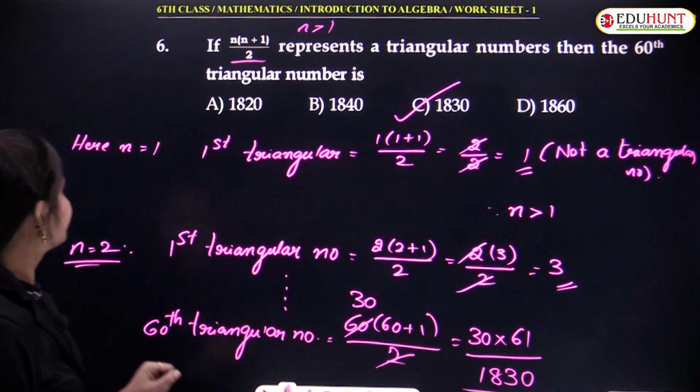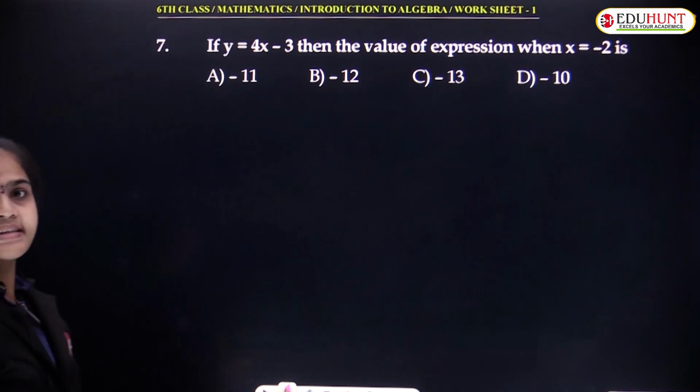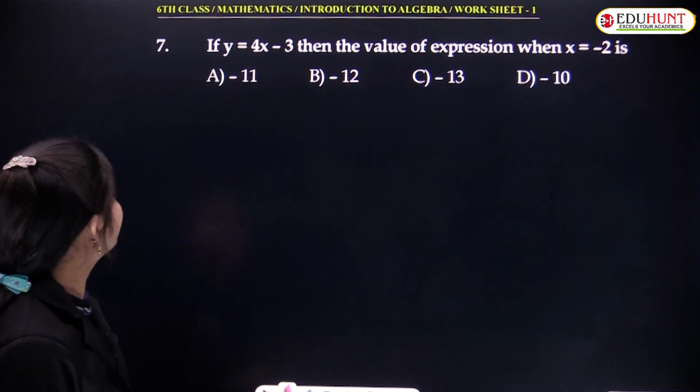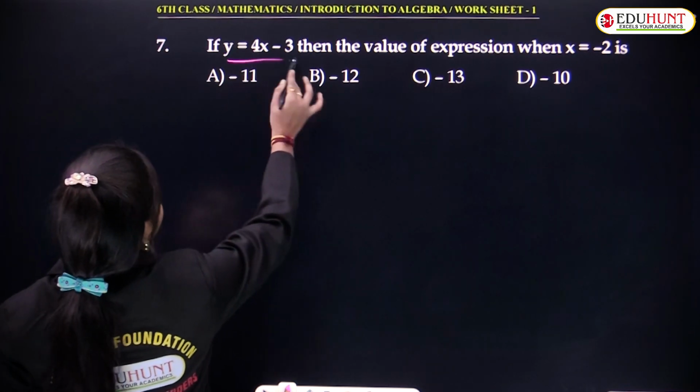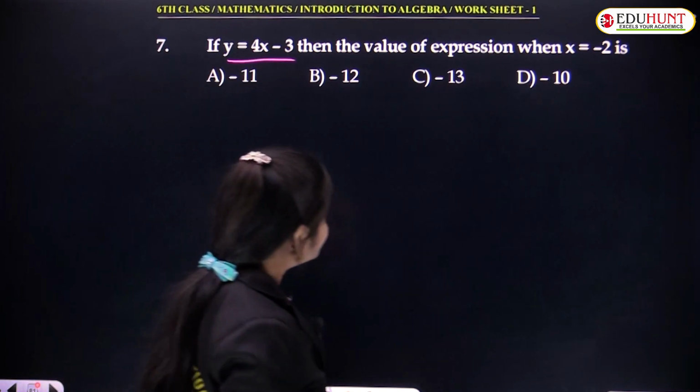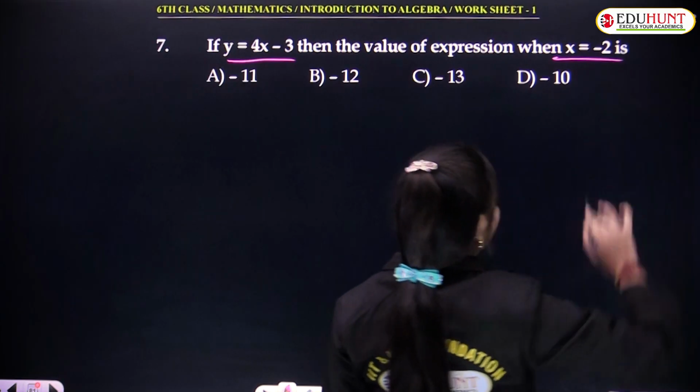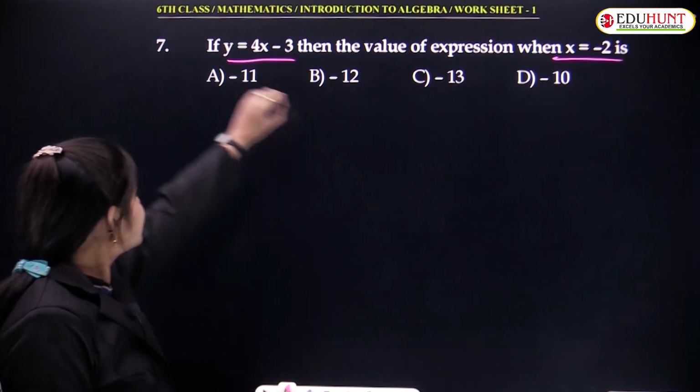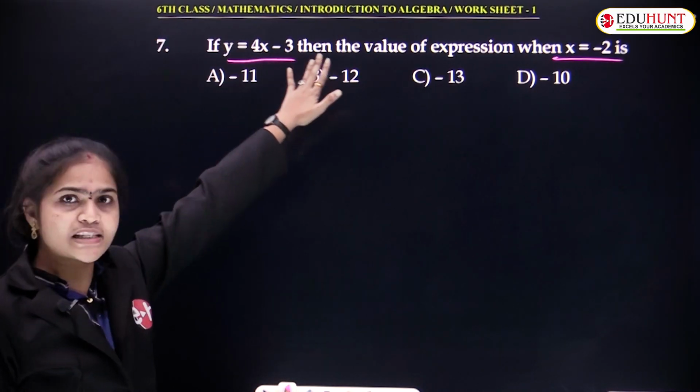Okay? Yes. And see the seventh one. If y is equal to 4x minus 3, then what is the value of the expression when x is equal to minus 2? Which means, this is the equation y is equal to 4x minus 3.